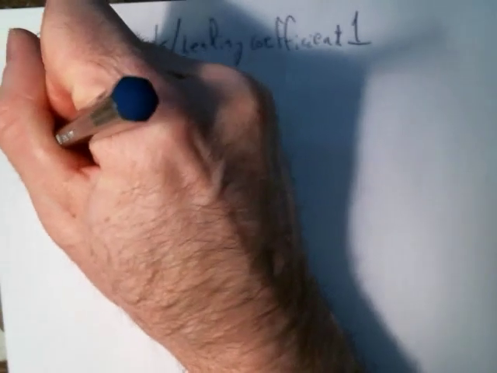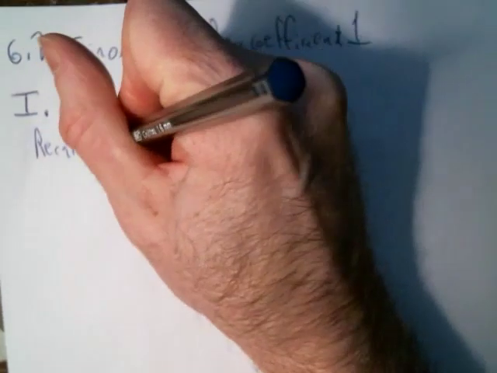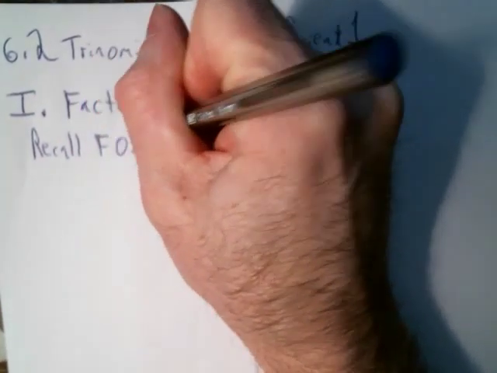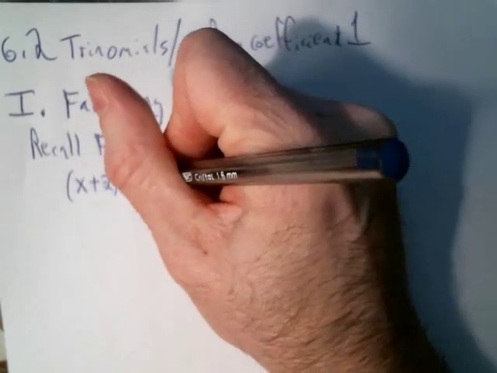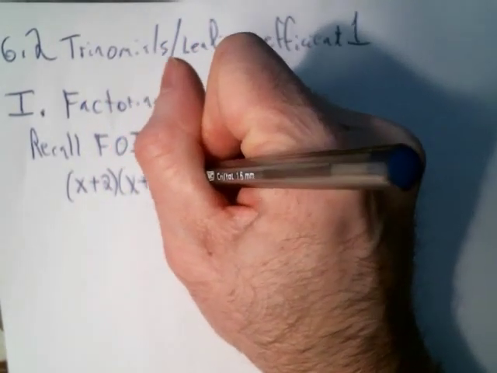So recall doing your FOILing, which I hope you already know how to do. If not, I'm going to show you. We'll take a pair of binomials, x plus 2 and x plus 3.